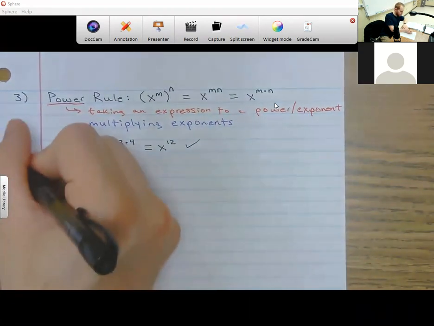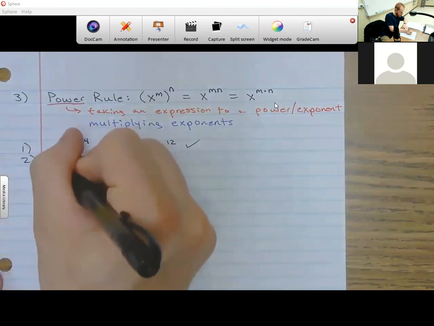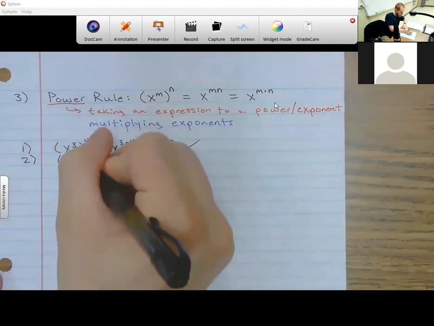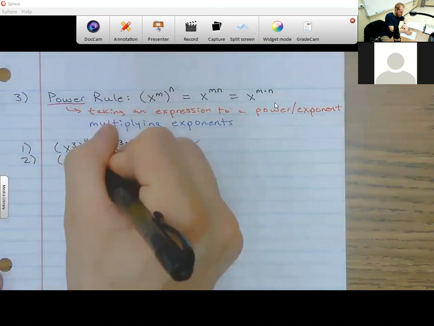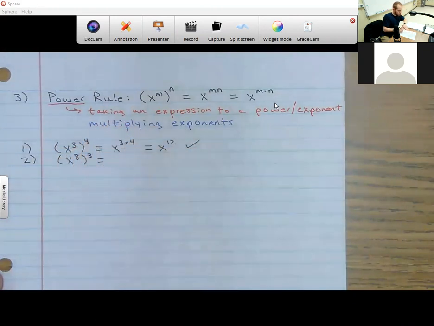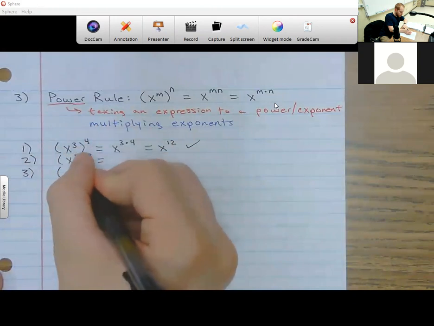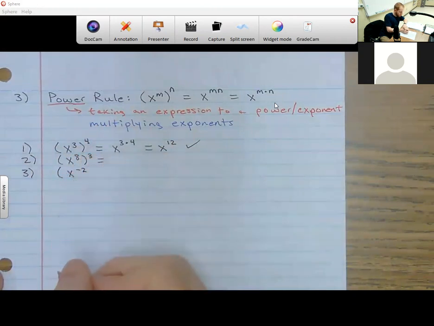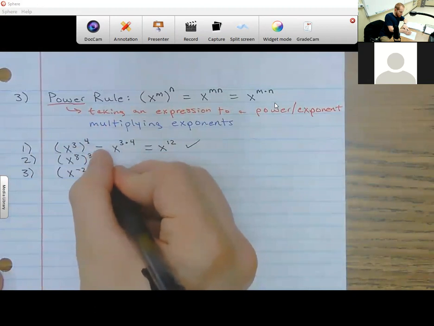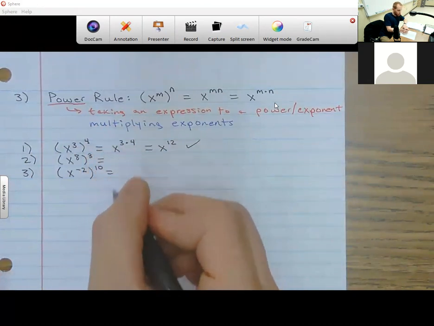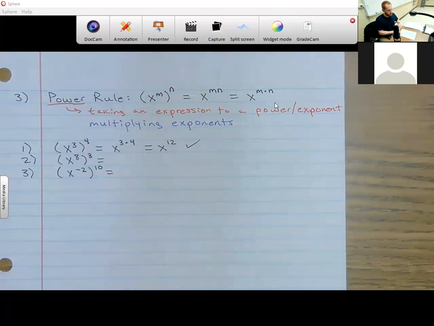Let's try number 2 and number 3. So 2 says x to the 8th power, and we're cubing everything. That means we're raising it to the 3rd power. And then for the next problem, number 3, I'm actually going to have a negative exponent on the inside. So x to the negative 2 power, and we're going to raise everything to the 10th power. So go ahead and try these two. Take a minute, see if you can get them before I get them. They should be super easy.